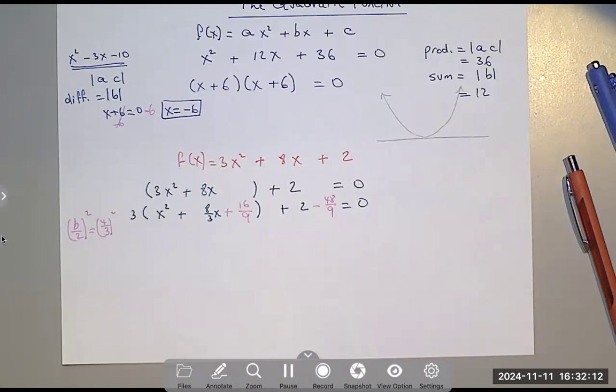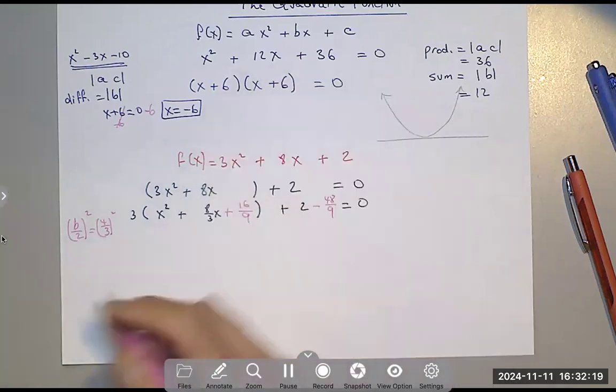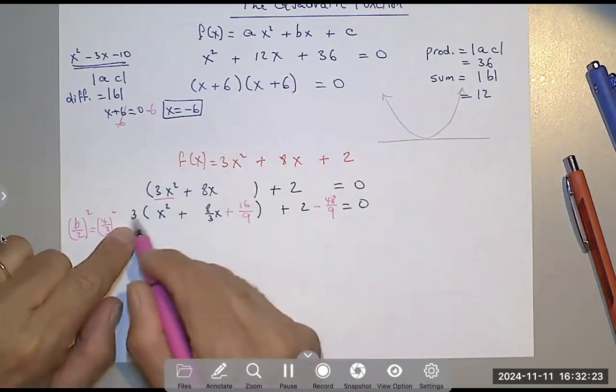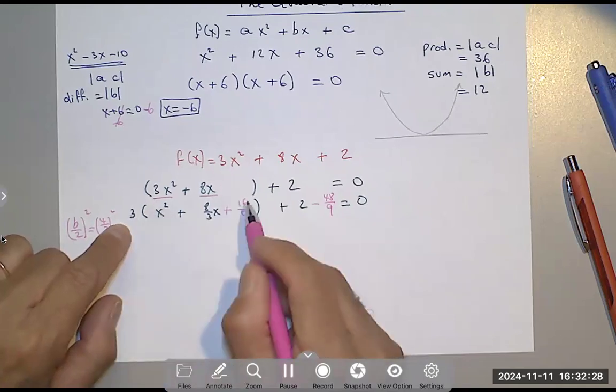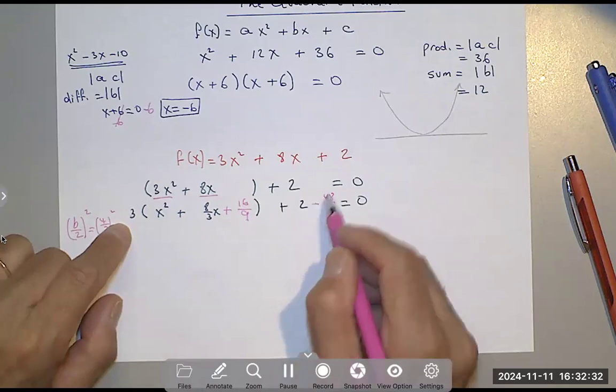I know it's tough. You have to be very careful. Notice that if I distribute the 3, I get 3 times x squared is this guy. 3 times 8/3x is that guy. And 3 times 16 is 48/9. So I have to subtract 48/9.